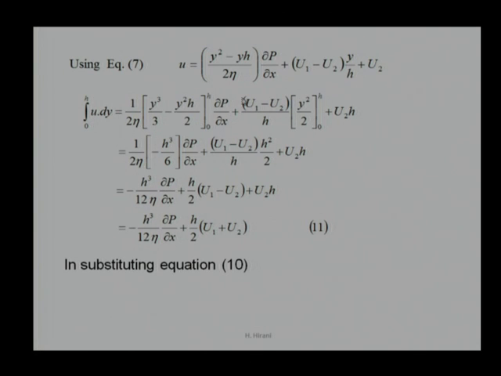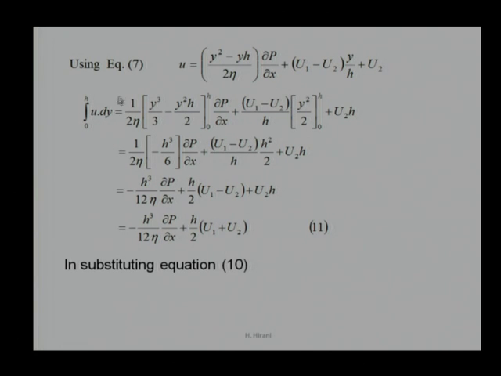We are assuming dp by dx is not a function of y, u 1 and u 2 are not functions of y, and h is also there, which we can integrate. When we integrate u, there will be y, with integration limits of h and 0. So, it will turn out to be h minus 0, and that is why there is h.